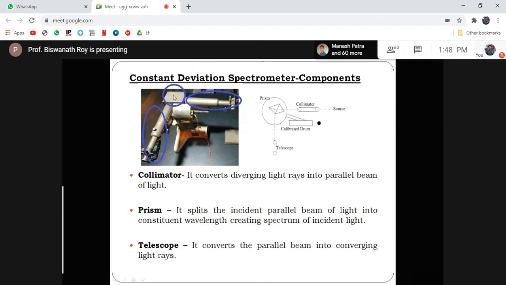This parallel beam is allowed to be incident here. Within the box, there is a prism that I am going to show you. The task of the prism is to split the incident parallel beam into its constituent wavelengths, creating the spectrum of the incident light. And it is called constant deviation, because the deviation is always 90 degrees.